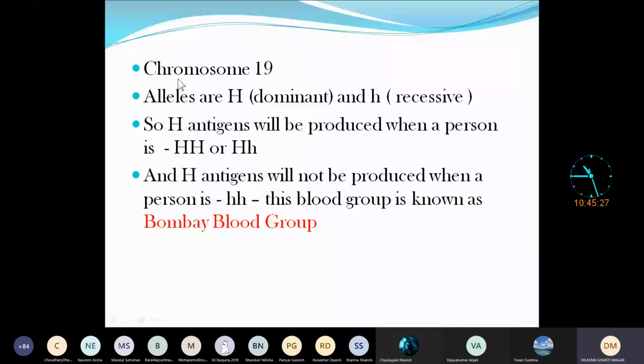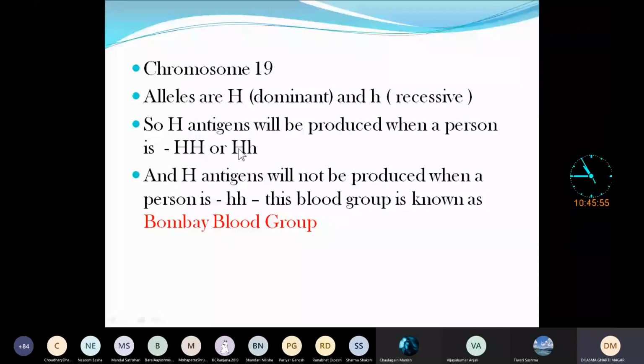I'll repeat this once again. This H antigen is situated on chromosome 19, and there are alleles. Capital H is known as the dominant, and the small h is written as the recessive one. Now you see, the H antigen will be produced when a person has the dominant gene. So it either has to be HH, the homozygous, or the heterozygous, where one is the dominant gene and the other is the recessive gene.